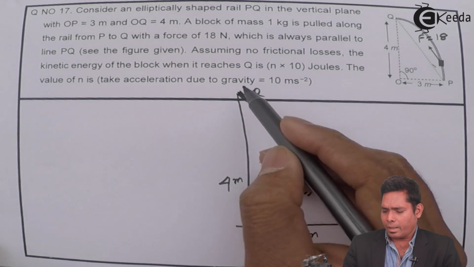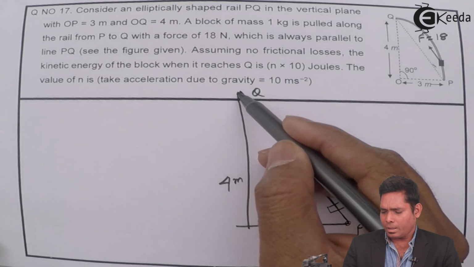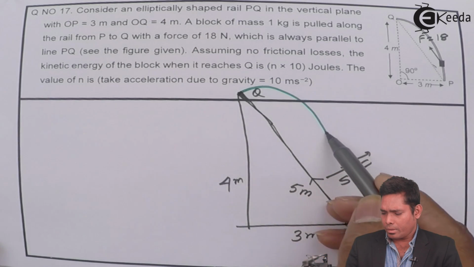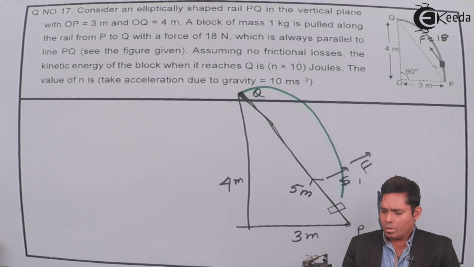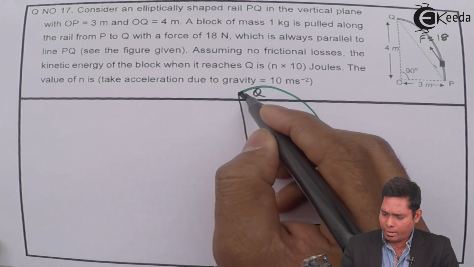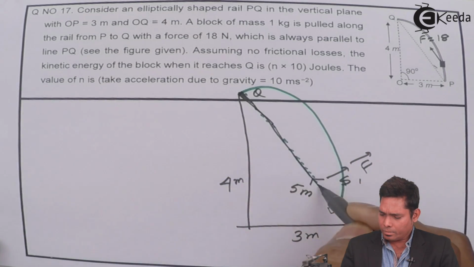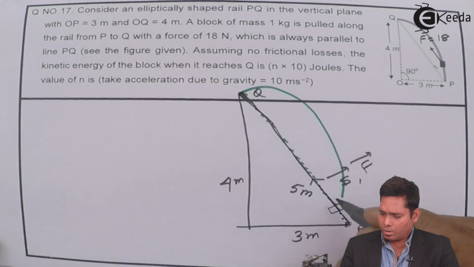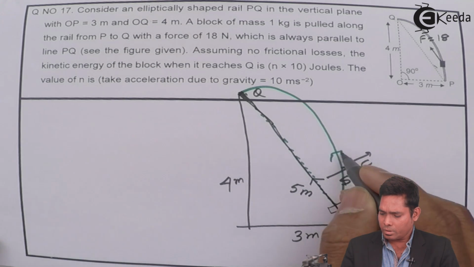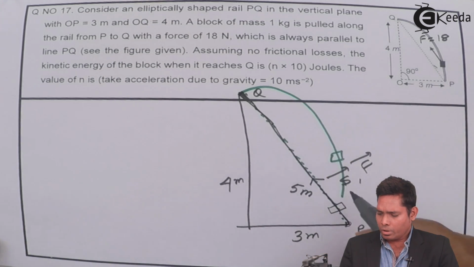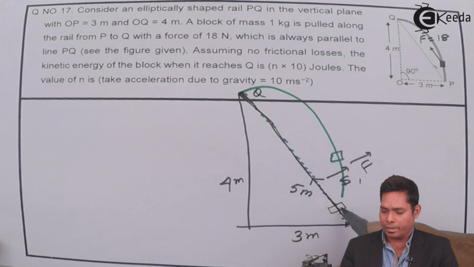So the rail is elliptical in nature, something like this. The block is moving along this path, not along this straight line.